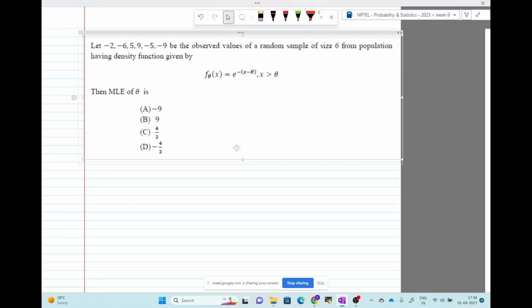Theta can take any value from minus infinity to minus 2, and likewise up to minus 9. Minus infinity to minus 9 is the only possible interval where x can be greater than theta for all the values, right?